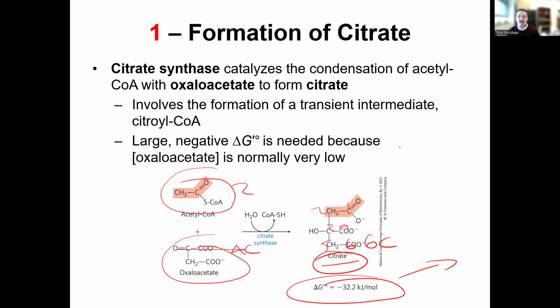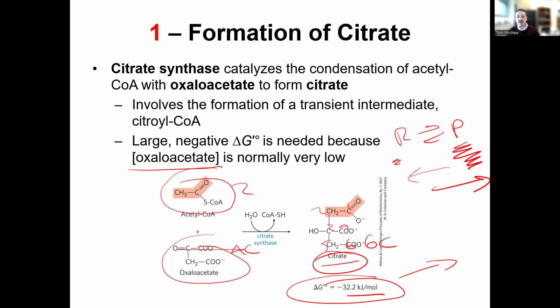Part of that is because in the reaction, the oxaloacetate concentration is pretty low. So there's not very much on this side, and there is a lot on this side. And so generally, in many equilibriums, that might favor moving in this direction. But the equilibrium in this case favors going to the right, despite the imbalance in metabolites.